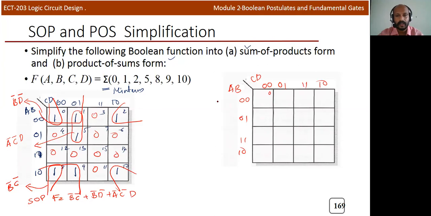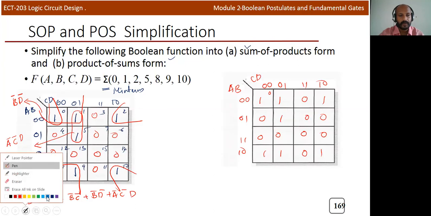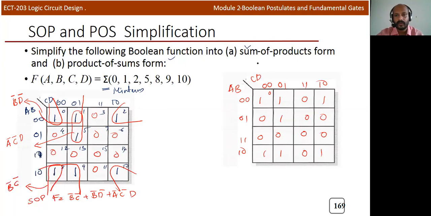I need to write 1 1 0 1 0 1 0 0 and 0 0 0 0 1 1 0 1. So exactly the same K-map, but instead of grouping, this is for POS and this is for SOP. So we need to write the max terms here.